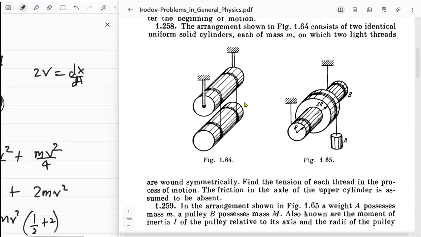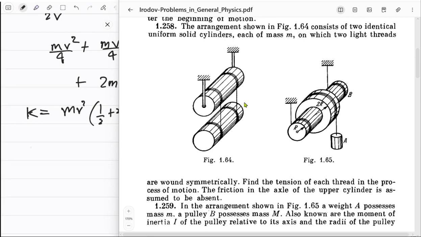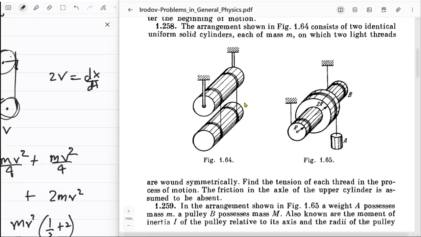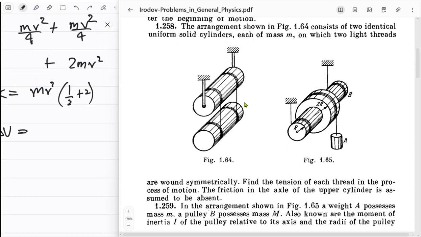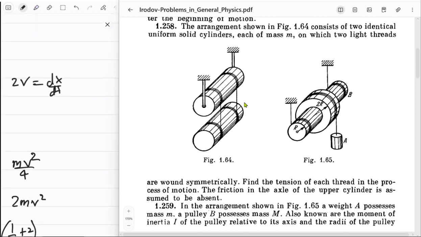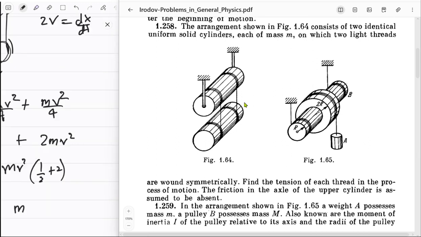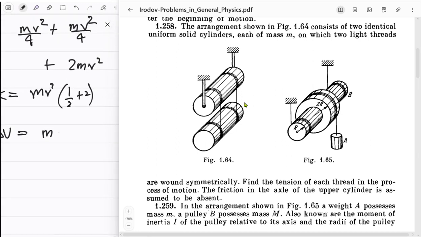The potential energy lost, del U, is just equal to mgx, because this guy has mass m. And we know dx upon dt is equal to 2v. Okay, maybe we should not rush that. Fine, it's just mgx. Perfect, isn't it? So each of mass m and radius r, which we don't actually even need.